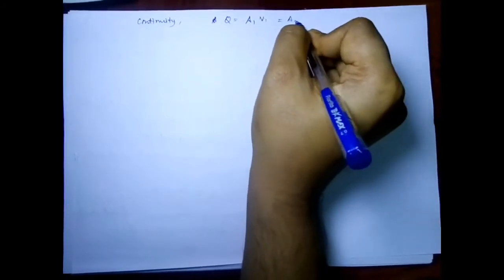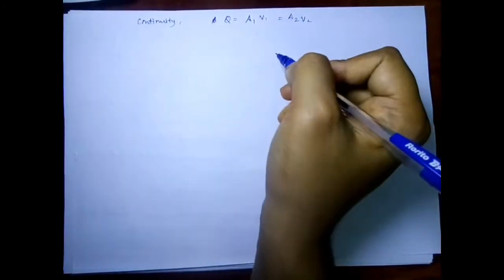Again, now using the continuity equation, Q is equal to A1 V1 is equal to A2 V2.